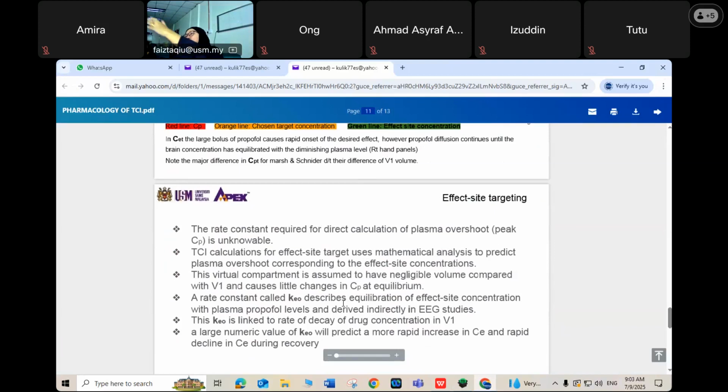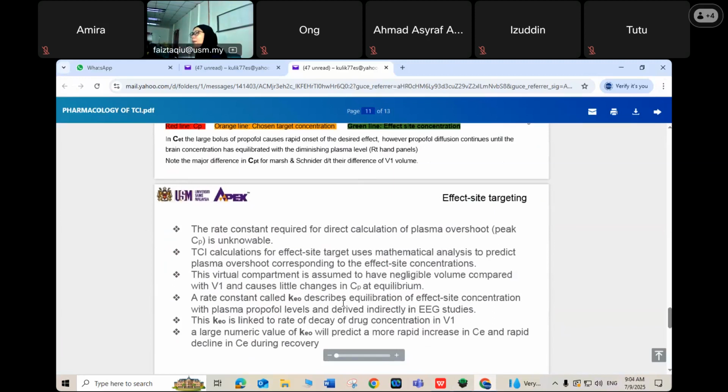Okay, so this KEO is linked to rate of decay of drug concentration in the V1. Okay, maksudnya apa? Pergi dan mari lah. Pergi dan mari. So drug daripada V1 pergi ke effect site, this akan kurang, betul tak? So the KEO is reflecting how much of the drug concentration in the V1 decaying, turun.